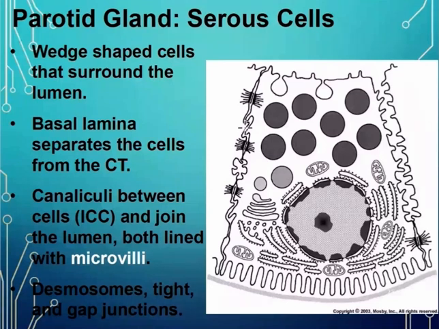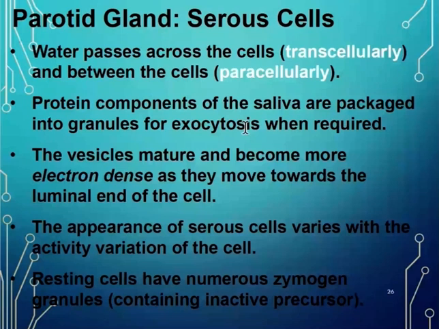So, as we have said, over 99% of saliva is water. The water passes across the cell membrane, which we call transcellularly, or between the adjacent cells, called paracellularly, as a result of the secretion into the lumen.